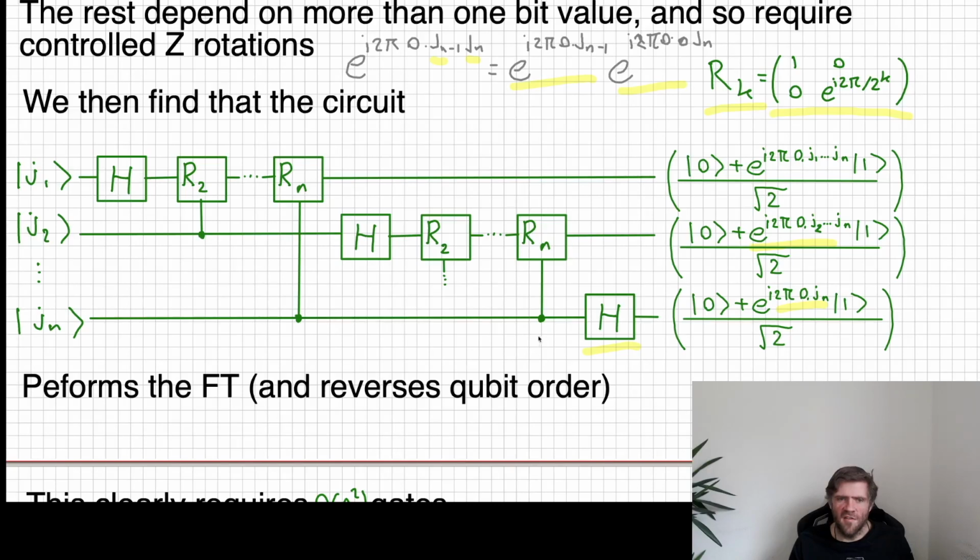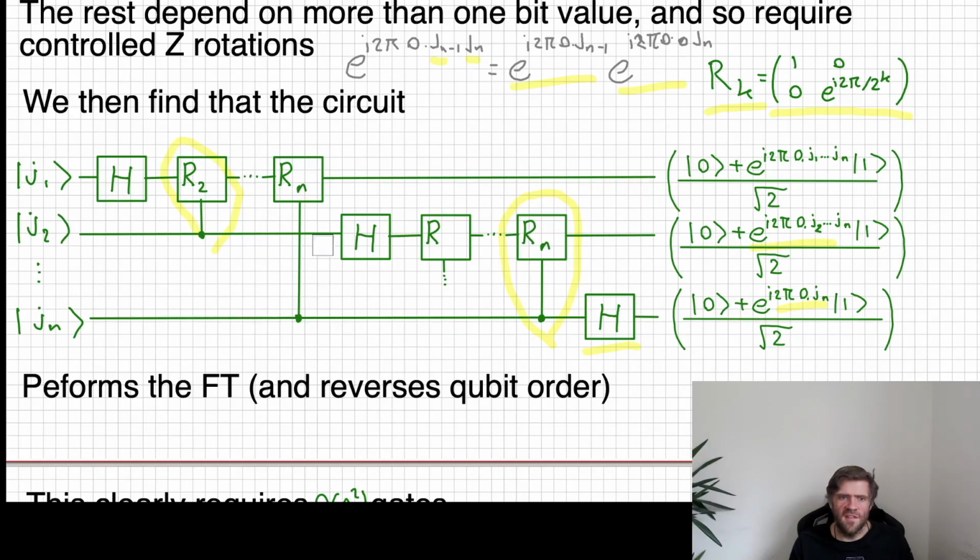So everything that is controlled on jn will be done by these rotations. Everything that's controlled on this second qubit will be done by these rotations, and so on. So here there is an R2, which doesn't really fit what we're doing here, because it should reflect also what it's controlled on, due to the way these things are defined.